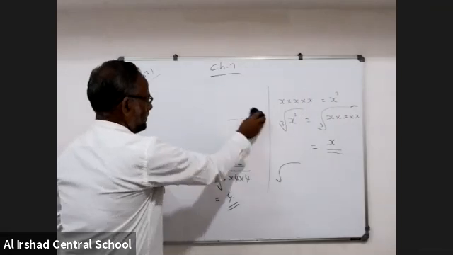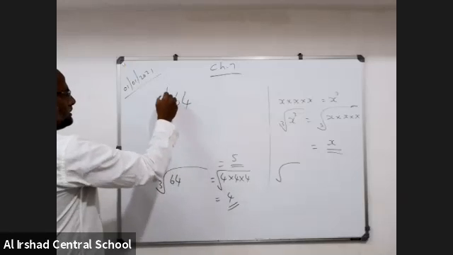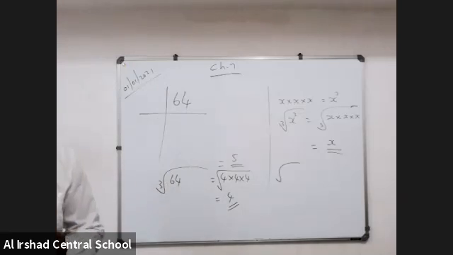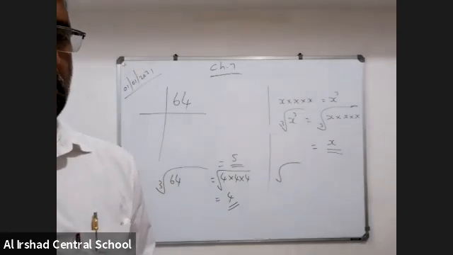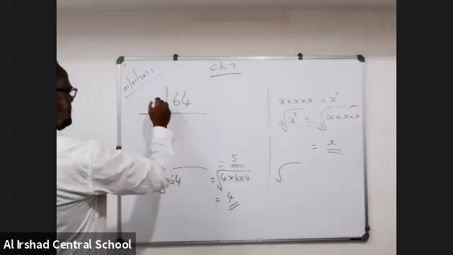Now I am talking about this 64. The method is the same, prime factorization. What is the first prime number? 2. Divide by 2.